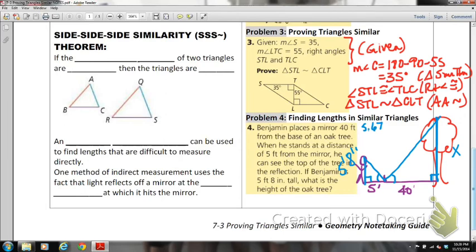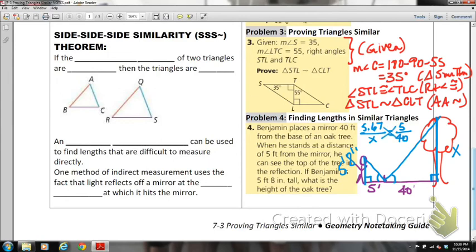So the height of Benjamin over the height of the tree has to equal Benjamin's distance away from the mirror, which is 5 feet, over the distance of the mirror from the tree, which is 40 feet. That is the proportion that you've got to set up and solve. So you cross multiply.